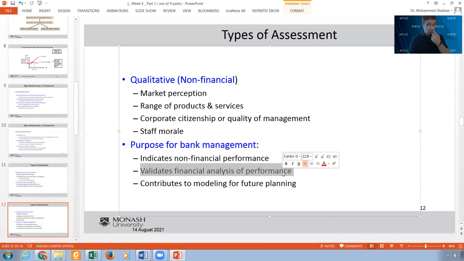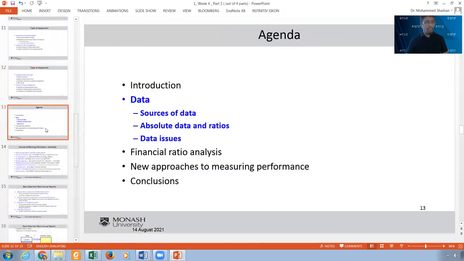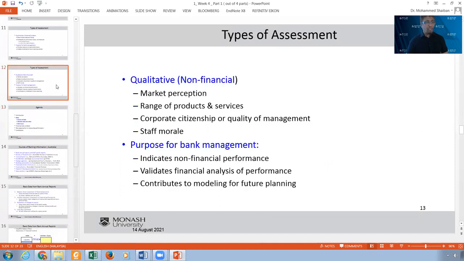The qualitative is validating the quantitative, which means they should go in parallel and align to each other. And as I told you, it's also to contribute to future planning. If we are not doing well in this one, we want to see what we are going to do about it. I'm done now with the framework.